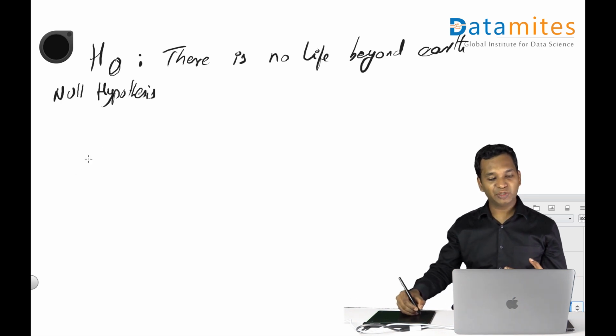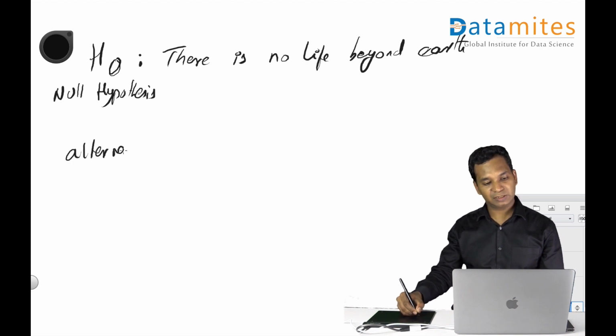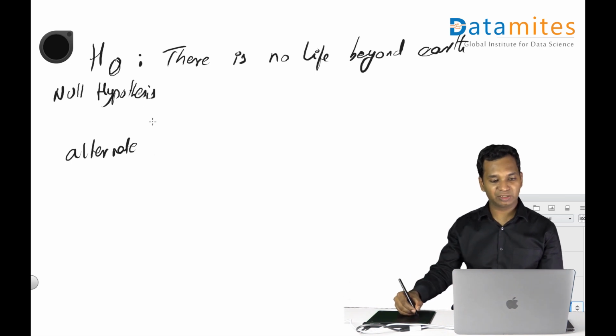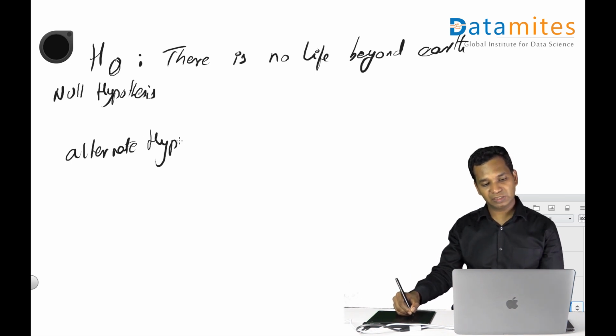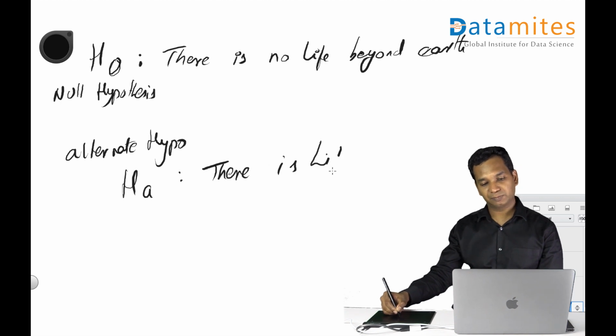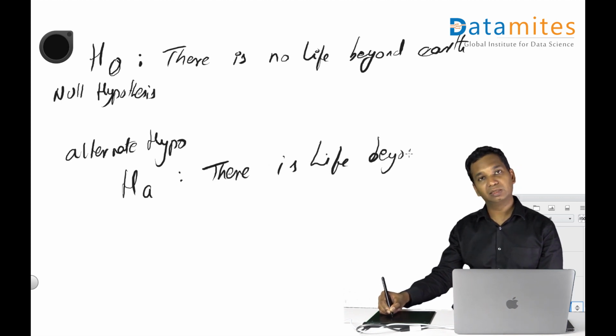When you have a null hypothesis, we also have an alternate hypothesis. We can have several alternate hypotheses. For the scope of this video, I'm only considering one alternate hypothesis, which I say H alpha or HA, and that is the opposite of the null hypothesis: there is life beyond Earth.